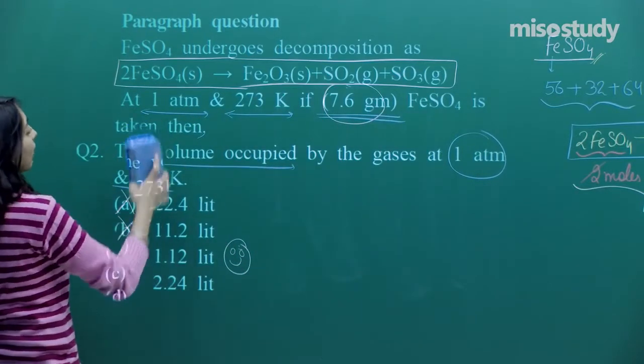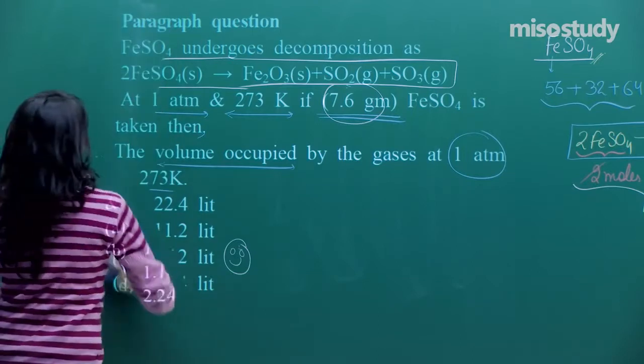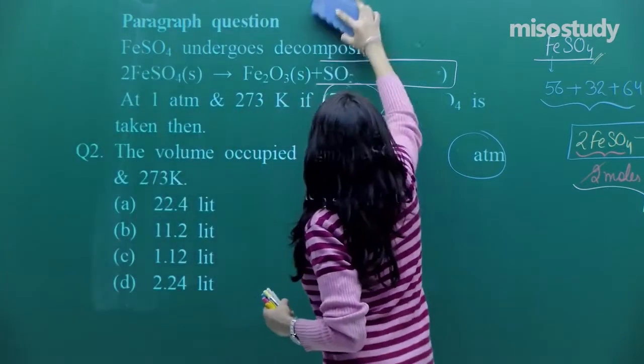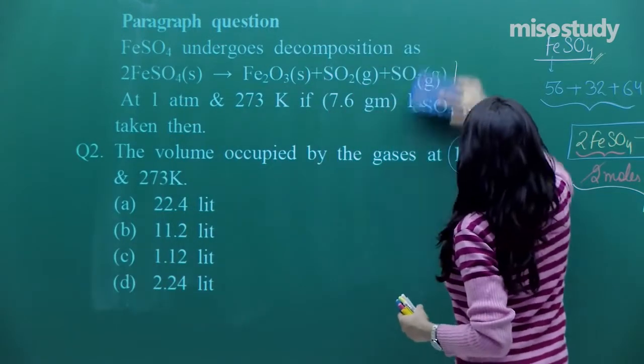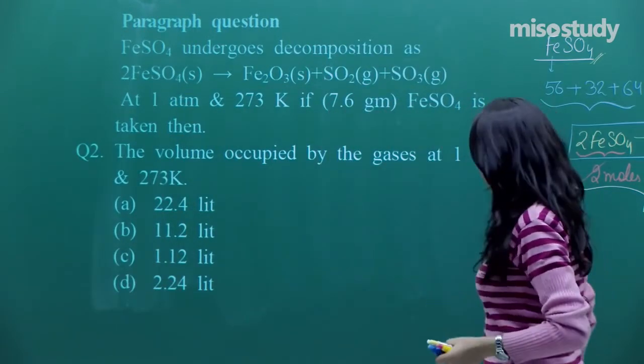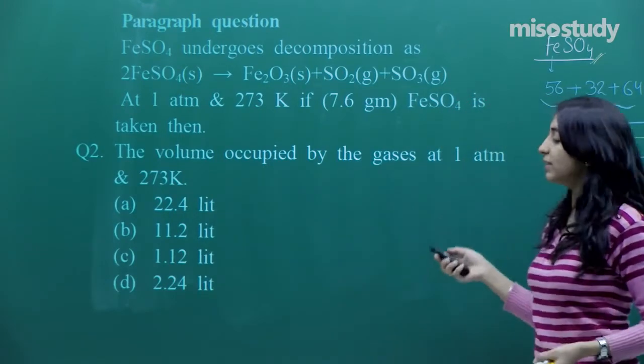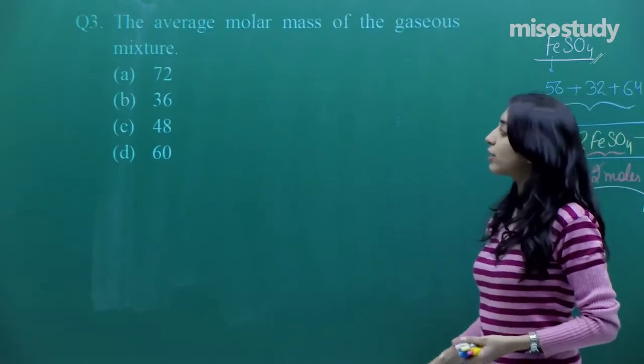Okay. It's a paragraph question, right? So let me show the third question to you because I need the other part of the solution we still need. Let us move on to the third question.